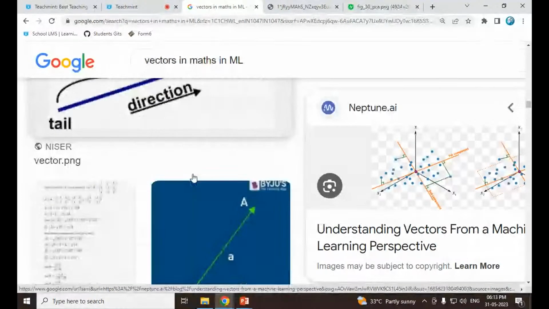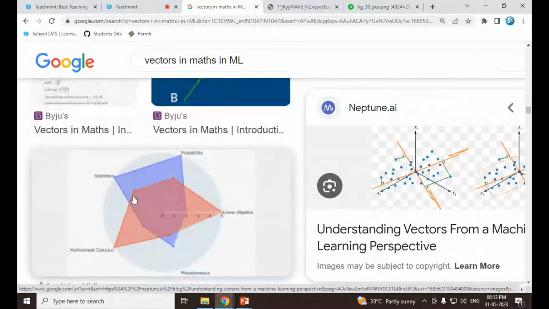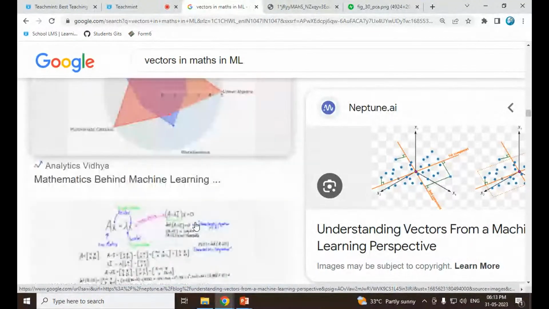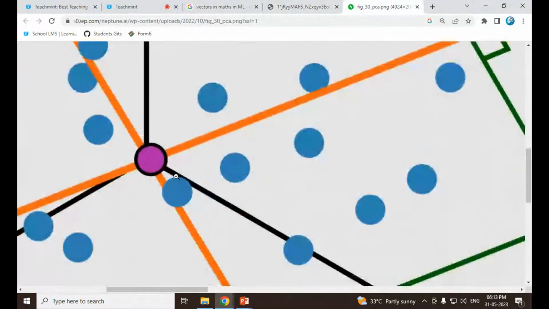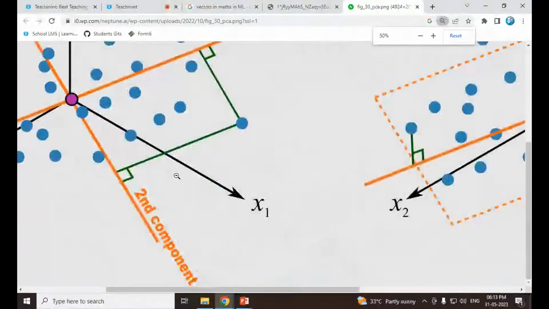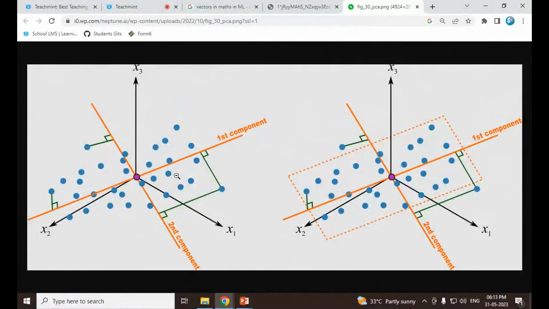This is physics. Okay, you get confused with this one.